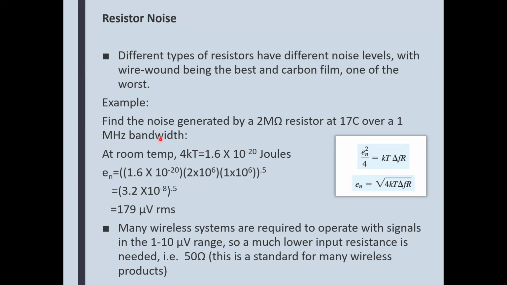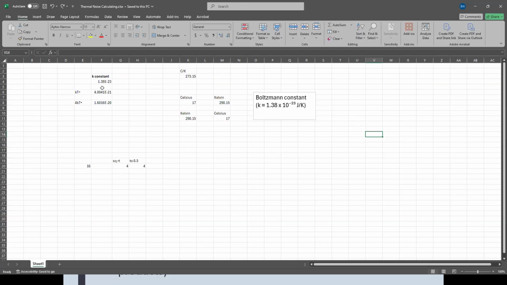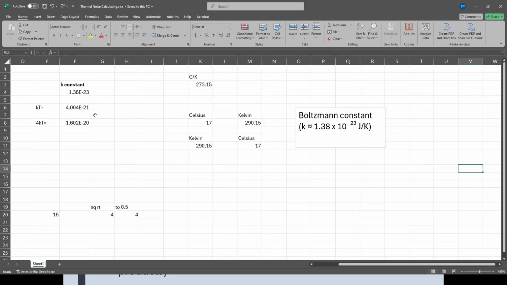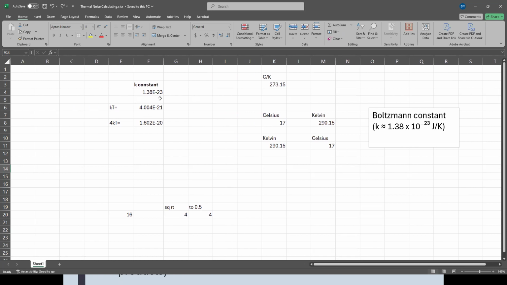What we are trying to find is the noise generated, which will be the RMS voltage. Here is the formula. The Boltzmann constant is 1.38 times 10 to the negative 23rd joules per Kelvin.